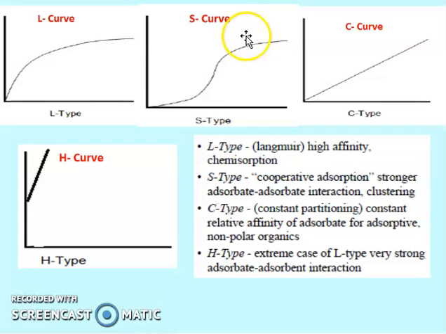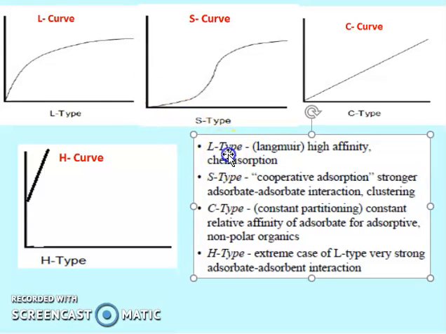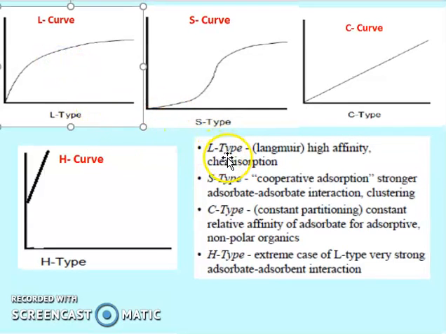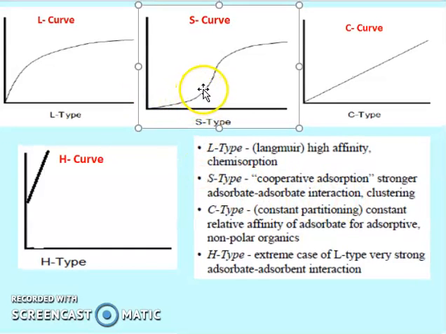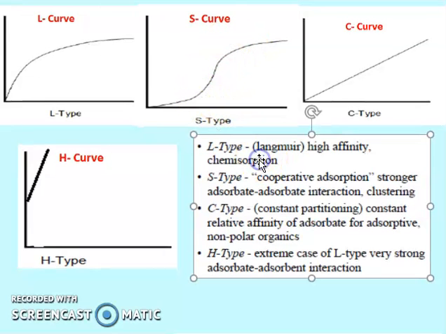In the S shape, the affinity is low, then increases, and then becomes low. The L shape is called Langmuir; we will discuss this more famous shape. The S shape involves cooperative adsorption and stronger adsorbent-adsorbate interaction, because the bonding takes some time and then the strong affinity increases and decreases.